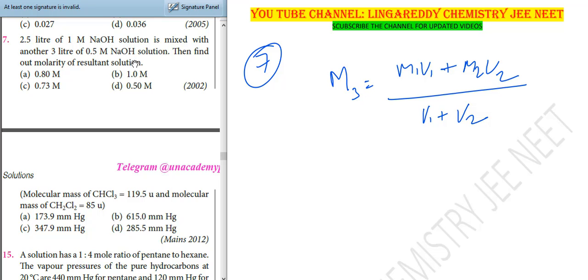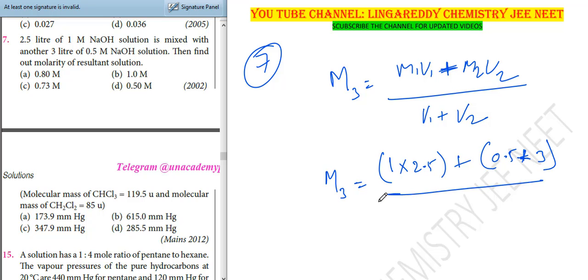If one is a base and one is an acid, a minus will come. But whenever both are acids or both are bases, we have to do addition. Then M3 equals M1 V1, the first one, plus M2 V2, the second one. So M1 is 1 into 2.5 plus M2 0.5 into 3 liters, upon 2.5 liters plus 3 liters.